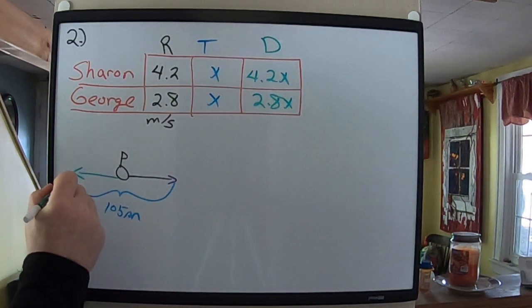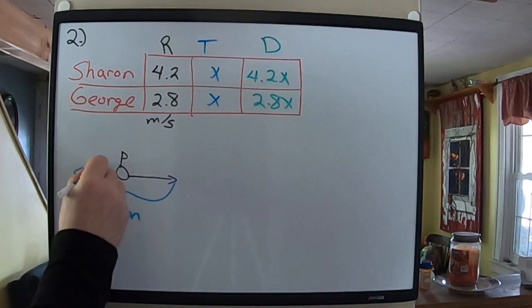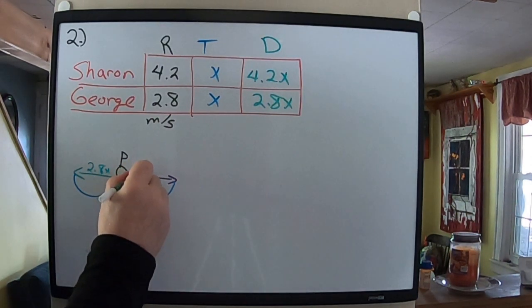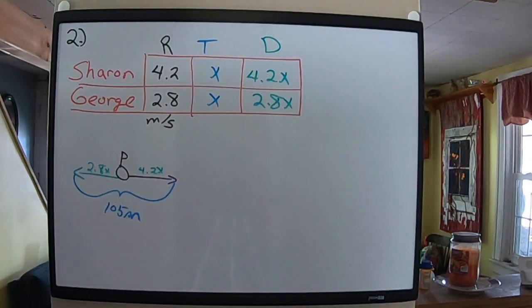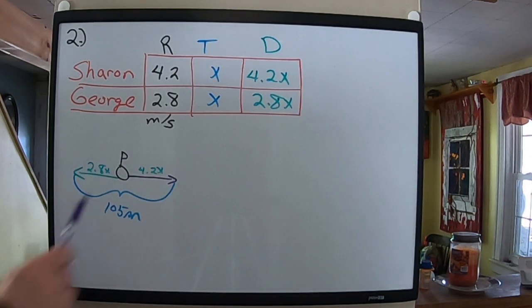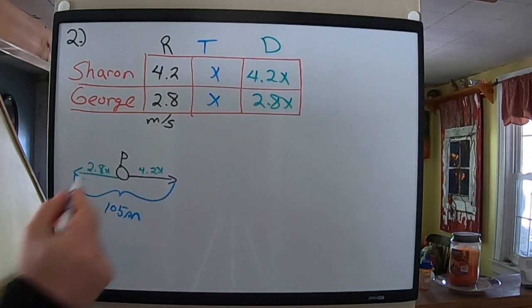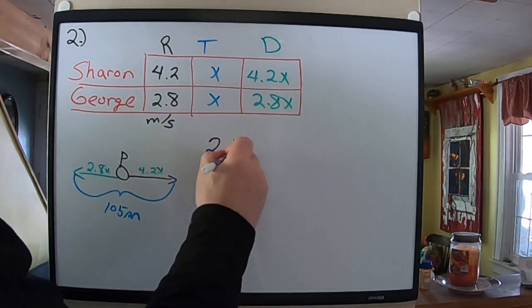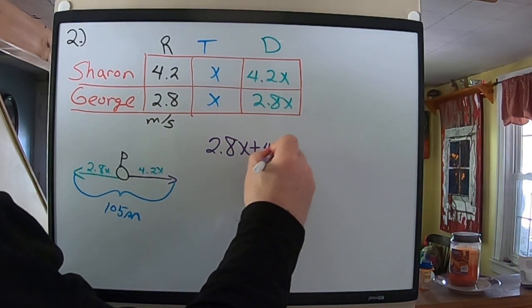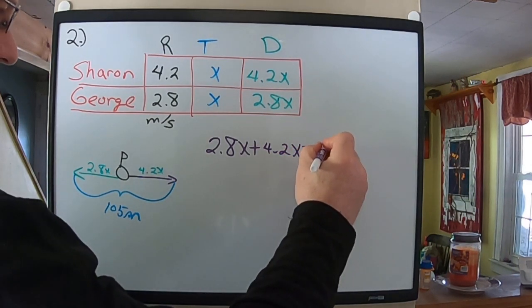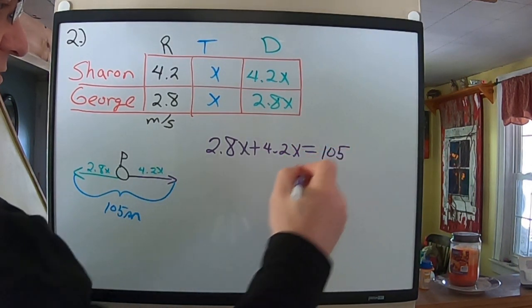So George was 2.8x, and 4.2x was Sharon. If you were to add these two distances together, because that's the same starting spot, 2.8x plus 4.2x would have to equal 105 meters.